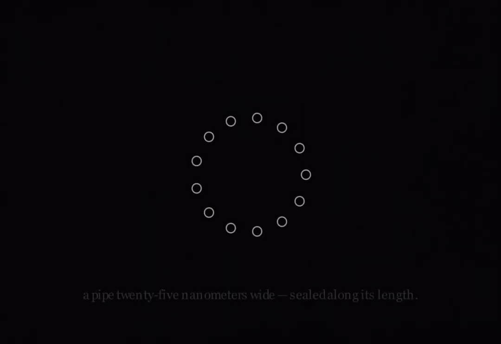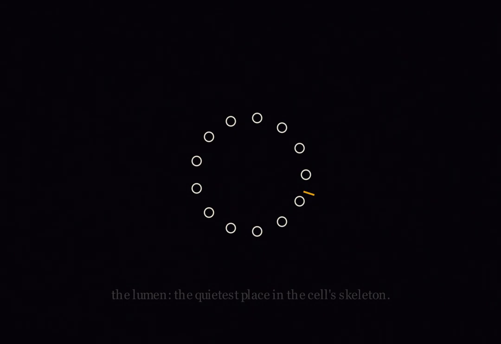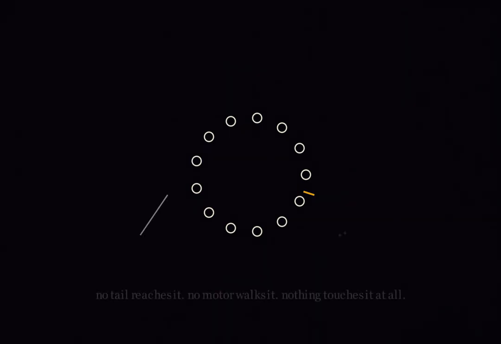A microtubule is a pipe about 25 nanometers wide, and it is sealed along its length. Its inner surface, the lumen, the hollow, is the quietest place in the cell's skeleton. No tail reaches it, no motor walks it, nothing touches it at all.